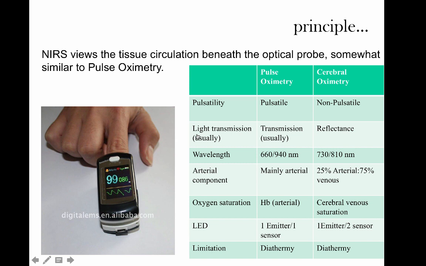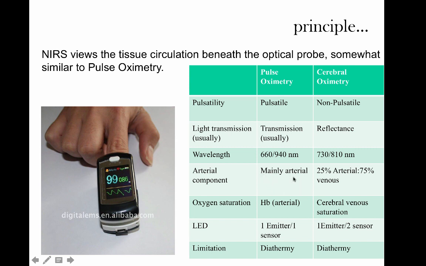Pulse oximetry also, and I'll give you a little prelude to that, uses wavelengths of light to measure saturations. So it has some similarities. You can compare cerebral oximetry to pulse oximetry. Of course, pulse oximetry relies on pulsatile flow, and the wavelengths are generally a little bit different.